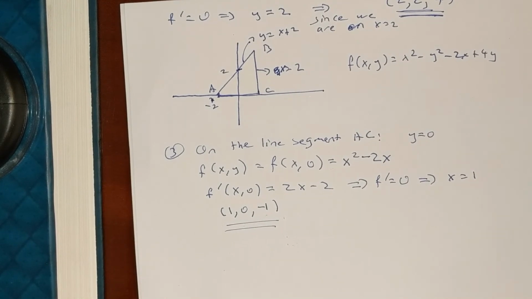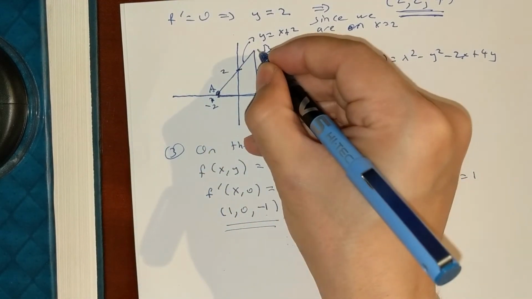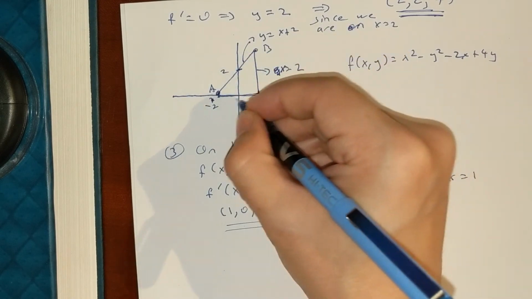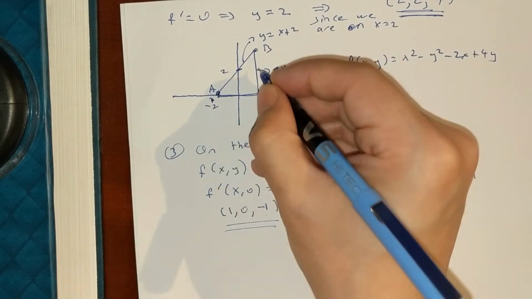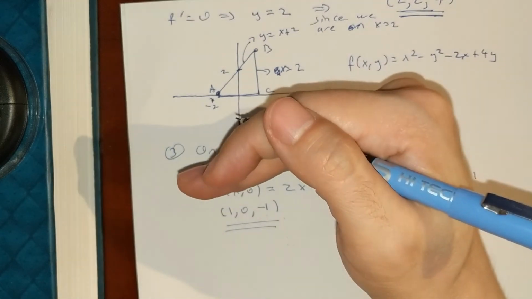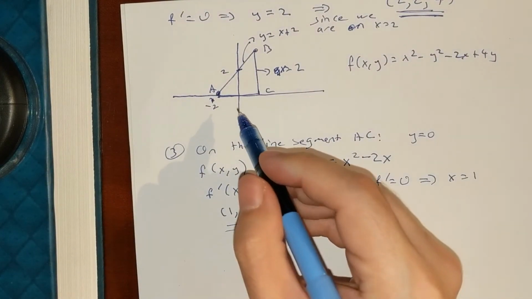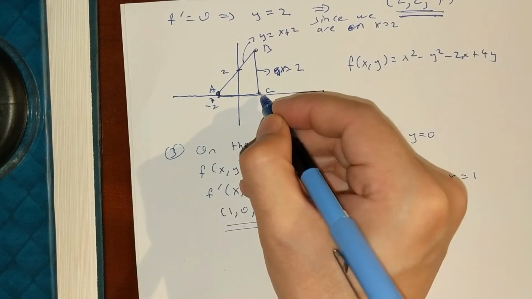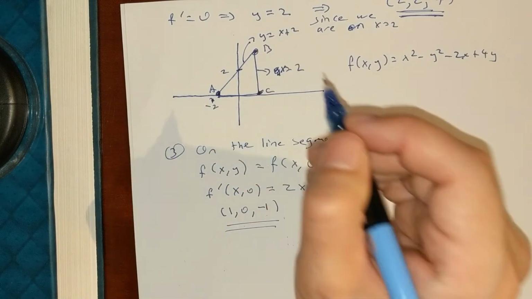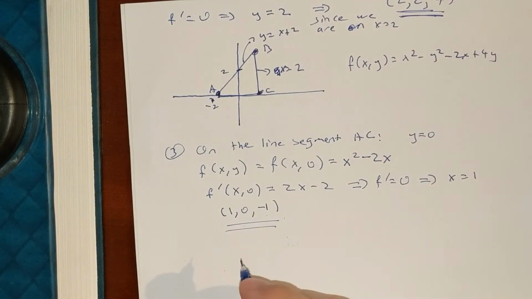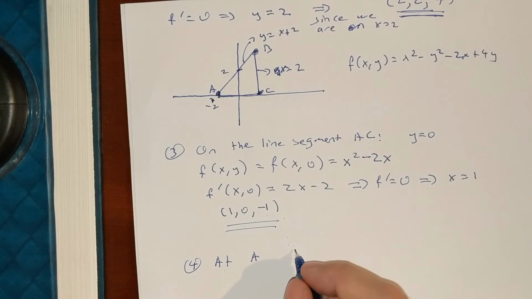Now what's left is these 3 points. We checked everything in between. When we cut it this way, we got two-dimensional curves, and we took the derivatives. Now we just have to plug in the points A, B, C. For A, what is the x-coordinate of A?